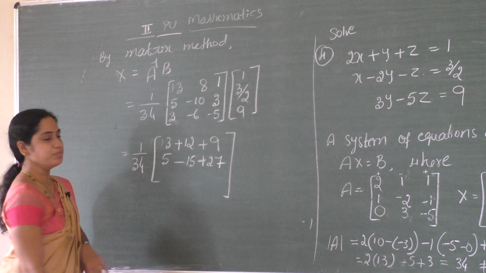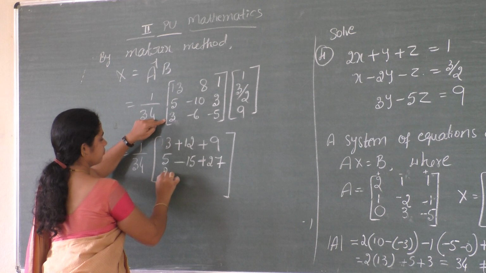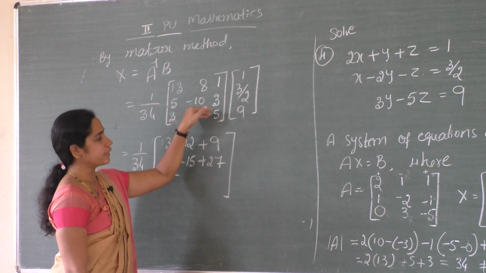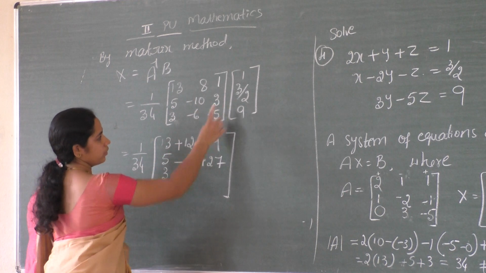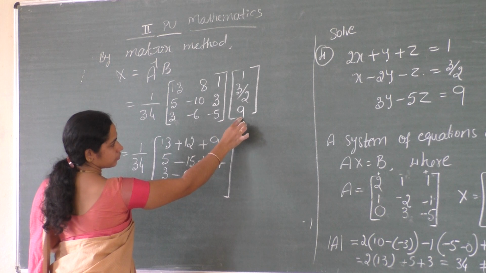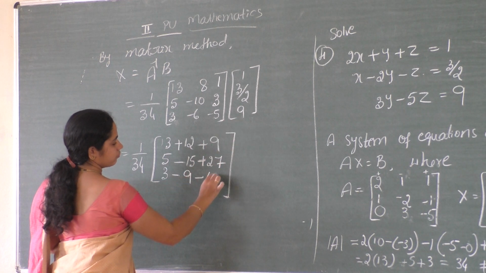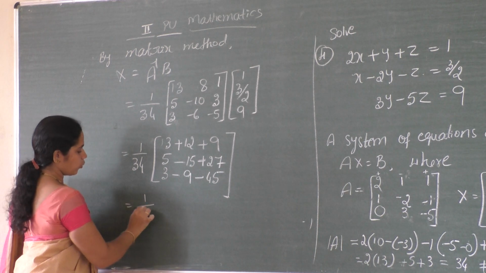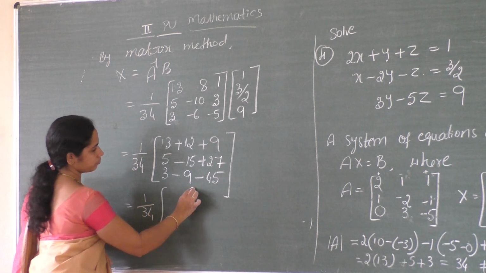Next third row, 3, minus 6 into 3 by 2, 2 3s are 3 into 3, 9, minus 9 into 5, 45.